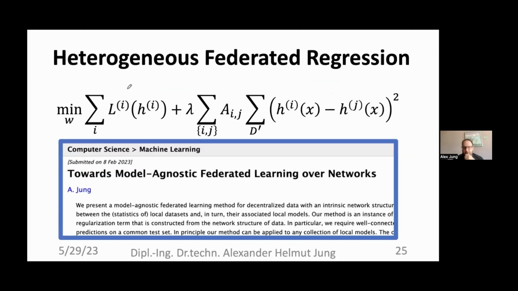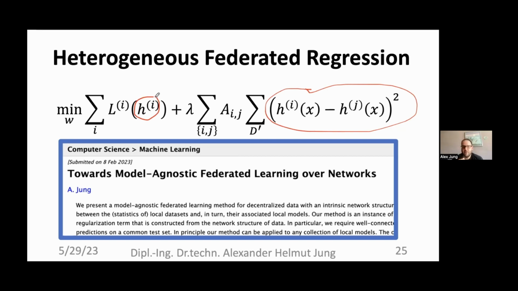Yet another example that we recently looked at uses as a variation the discrepancy, or the squared error, of the difference in predictions on the same test set. We are basically free to choose whatever local model we want. This is what I call model agnostic federated learning.